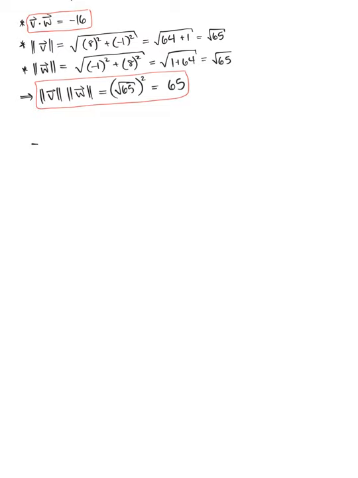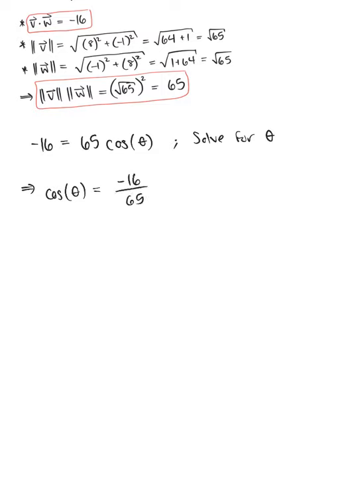So we have negative 16 is equal to 65 multiplied by cosine of theta, and now we're ready to solve for theta. So we'll divide both sides by 65 here, and I'm actually going to bring cosine to the left-hand side and say that cosine of theta is equal to negative 16 divided by 65.